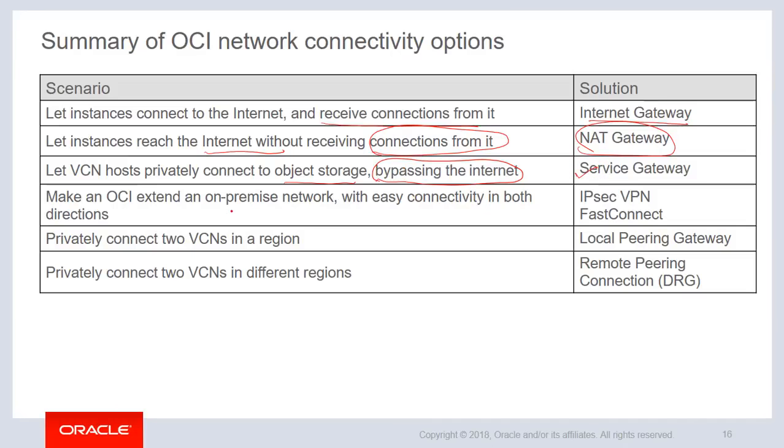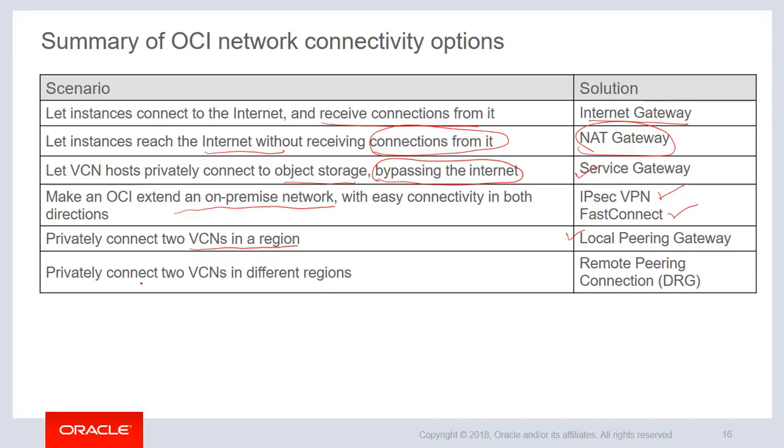If you want your network to extend to on-prem networks, so for destinations outside the internet, you could use a virtual private network, IPsec VPN, which is supported by us, or you could use private dedicated connectivity called FastConnect. If you want to privately connect two VCNs in the same region, go with Local Peering Gateway.